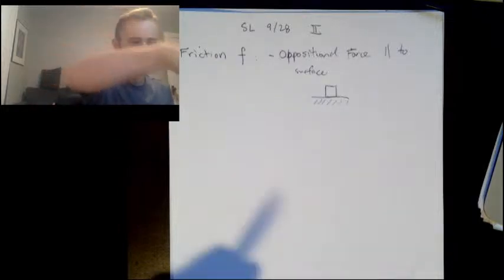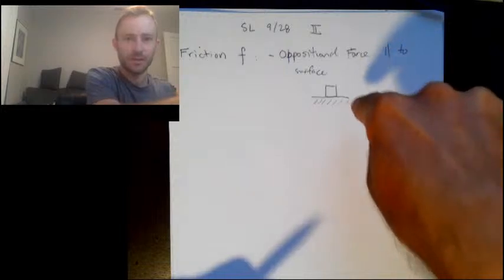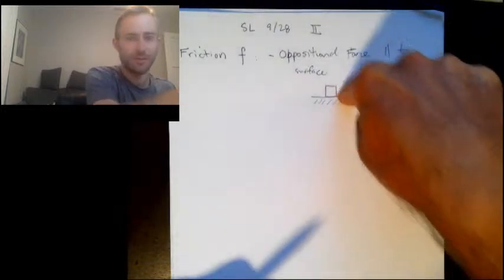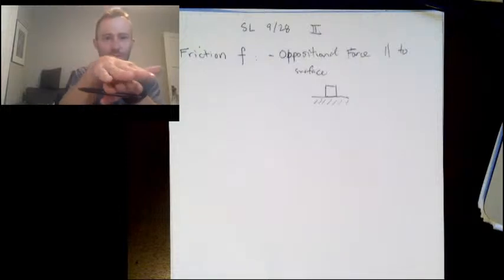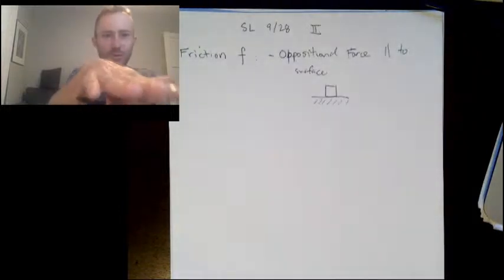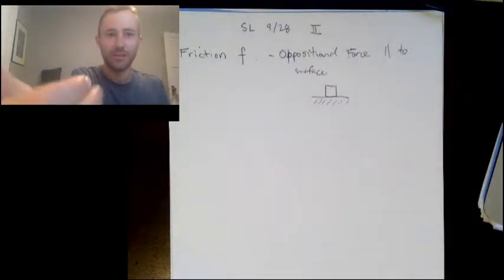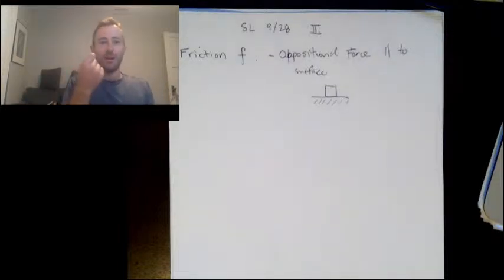Okay? Similarly, if I wanted to make this object slide into the page, so I'm pushing it towards you guys into the page, then the friction force is going to point out of the page to resist that. All right?